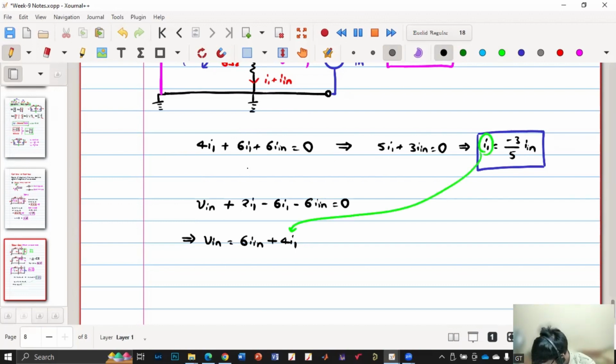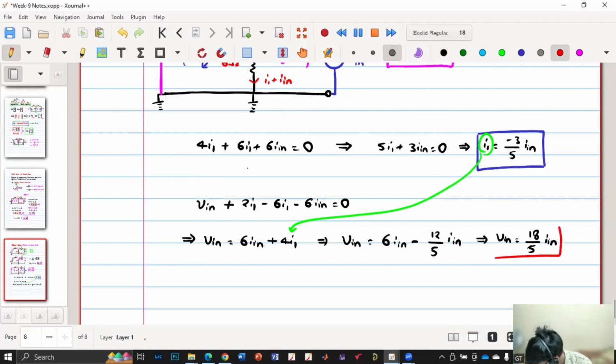Then I'll get Vin is equals to 6 into Iin minus 12 by 5 Iin, right? So my Vin is 18 by 5 Iin, right?